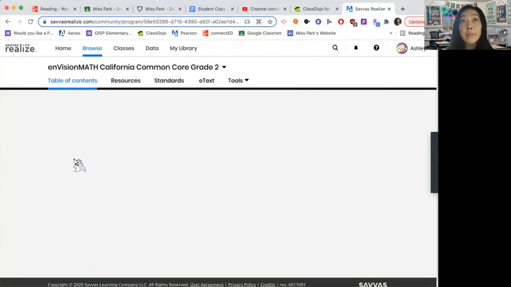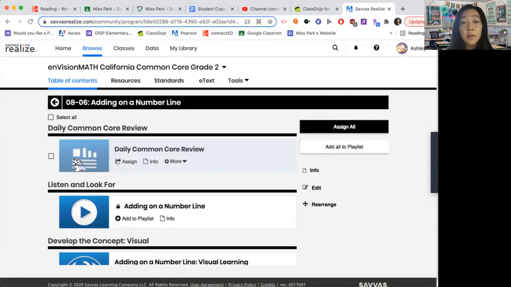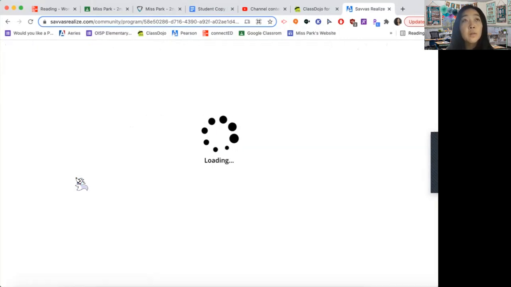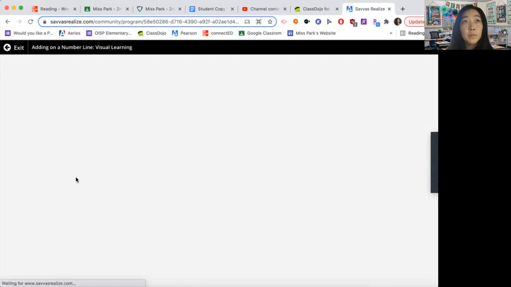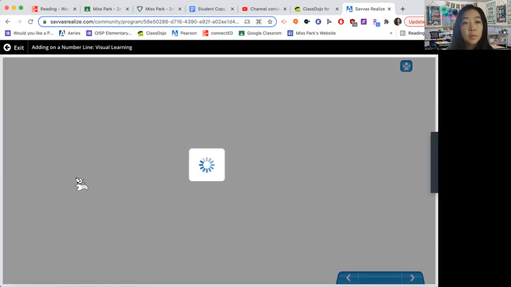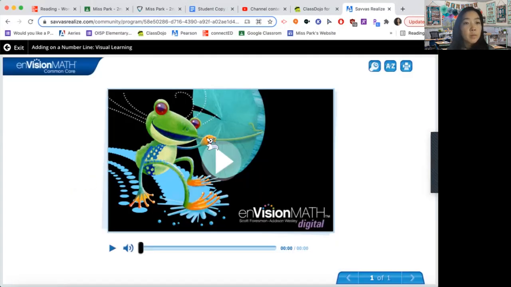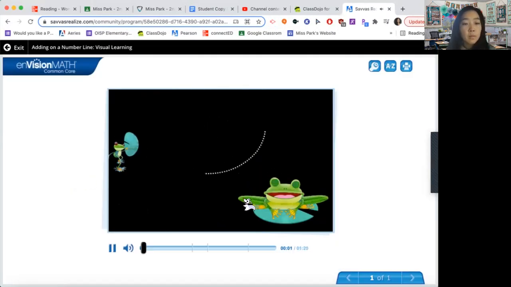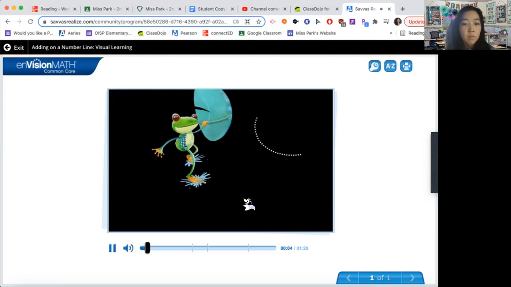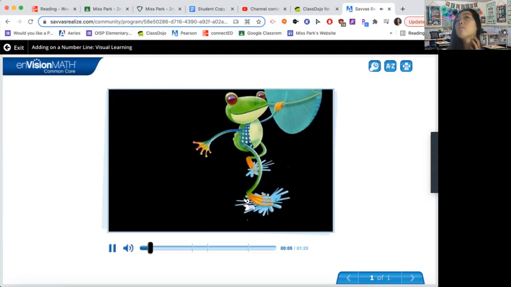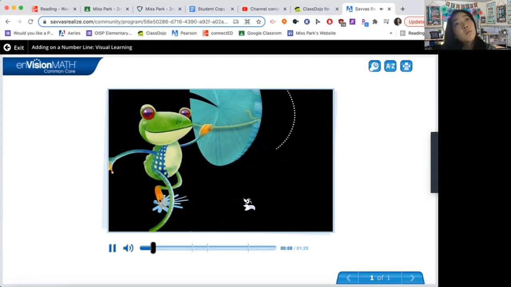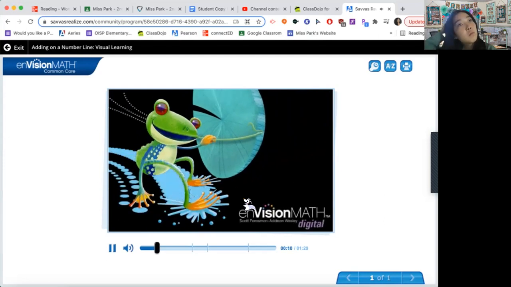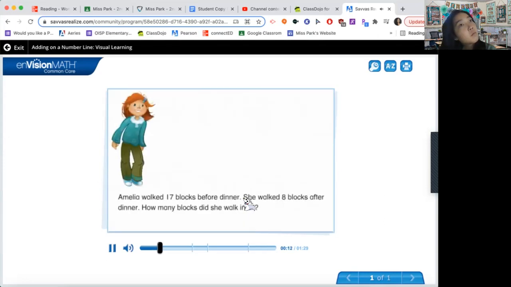Adding on a number line. That is what we are working on now. Amelia walked 17 blocks before dinner.